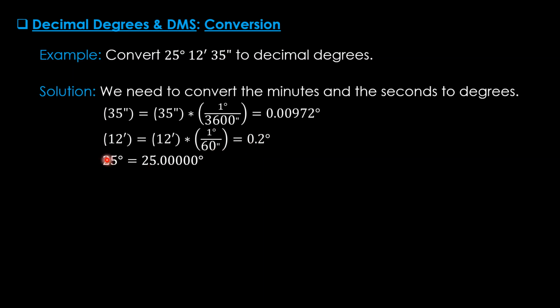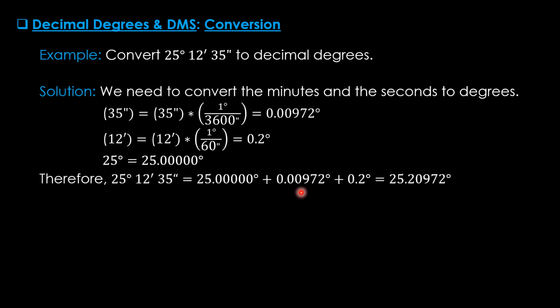So 25 degrees stays as it is, 25.00000 degrees. Then after addition, as we simply add these three parts, 25 degrees plus 0.00972 degree plus 0.2 degree, we get this result.